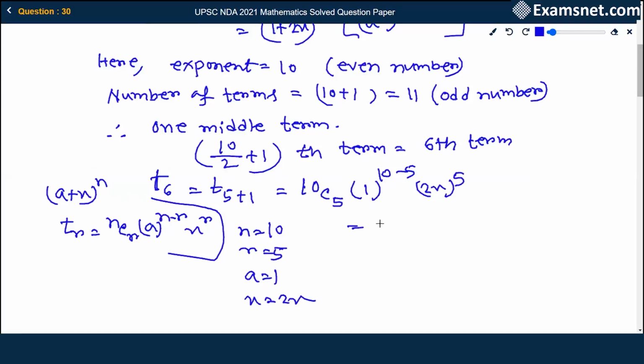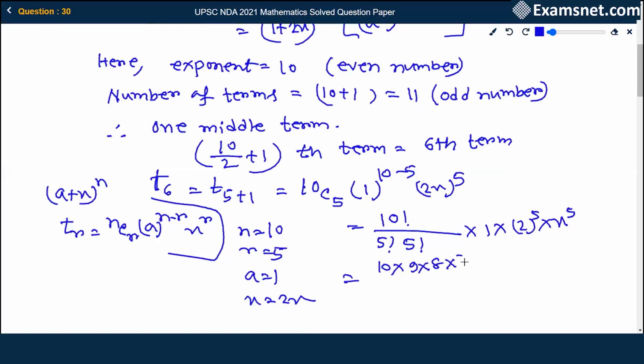Let's start with the calculation. 10 factorial by 5 factorial, 5 factorial, it will give me the value 1, and 32x to the power 5.